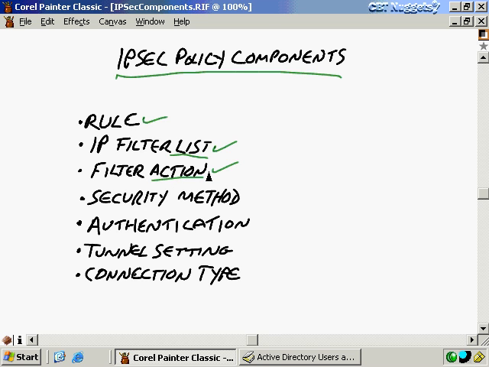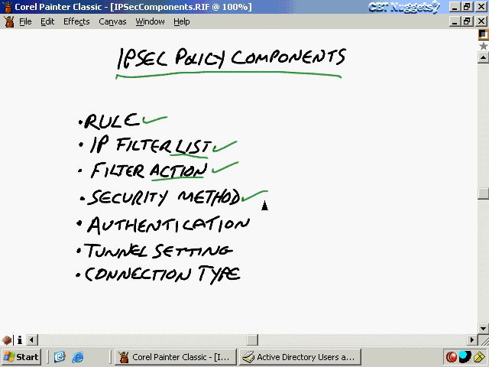Maybe that's an unprotected or an unsecured workstation or unsecured server. Or you might want to block traffic to everybody except for 10.10.10.5, and for that filter action, you're going to negotiate security.